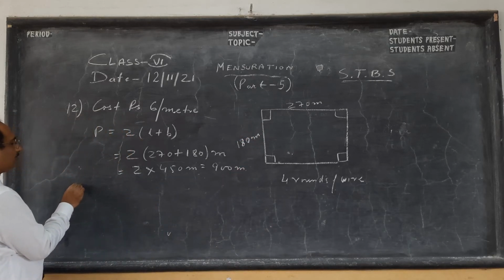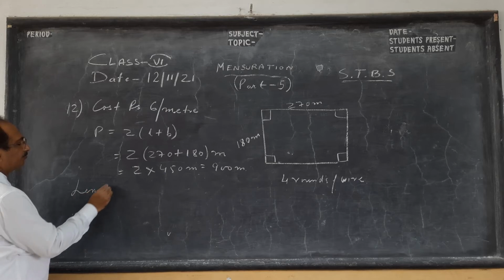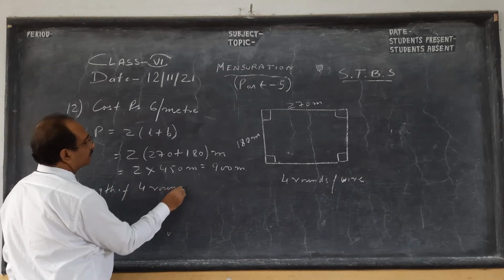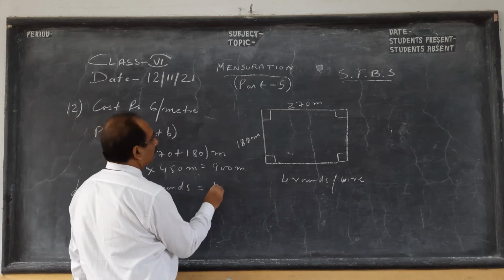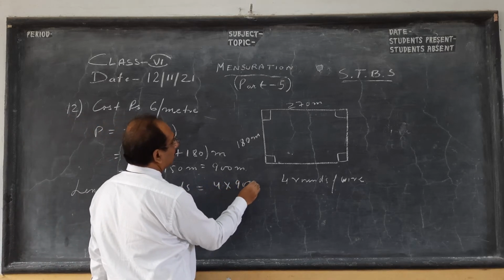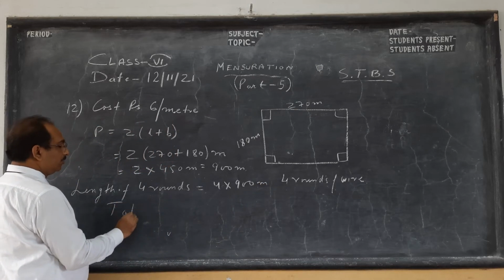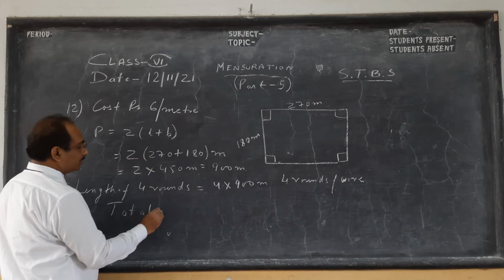So 4 rounds of wire, length of 4 rounds of wire, okay, 4 into 900. Okay, now total cost. This many meter, 1 meter cost rupees 6.